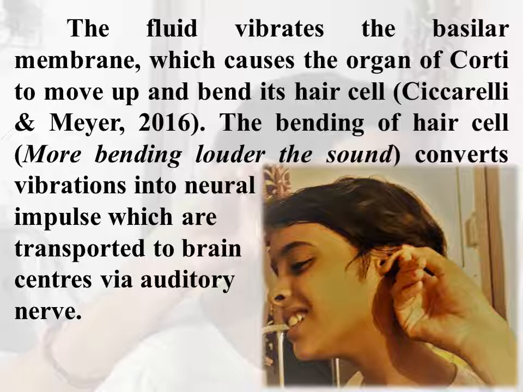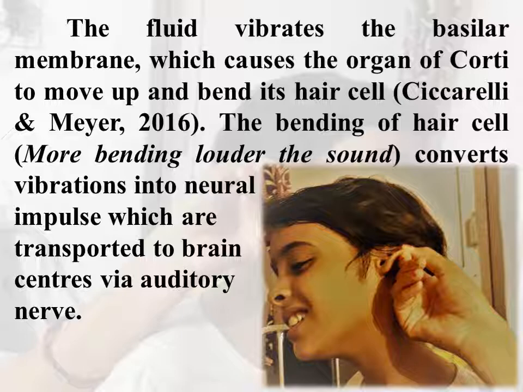In brief, the sound waves collected by the pinna travel through your auditory canal to your tympanum or eardrum. The eardrum vibrates. That vibration is transferred to the three ossicles, and these three ossicles and the eardrum together intensify the sound waves 10 times. Then this vibration enters the cochlea through the oval window, and from there that vibration vibrates the fluid placed inside the cochlea.